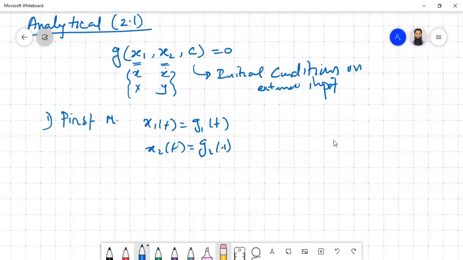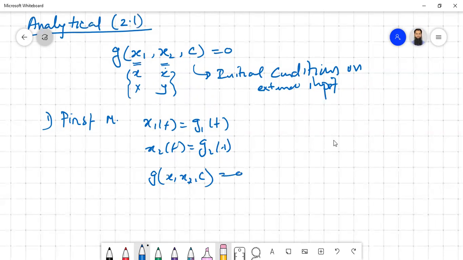What you have to do is eliminate the time t from these two equations, leading to a functional relationship between x1, x2, and some external conditions maybe.